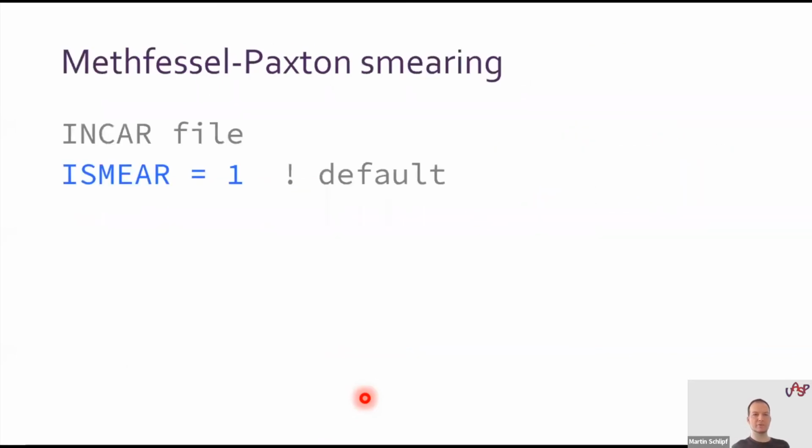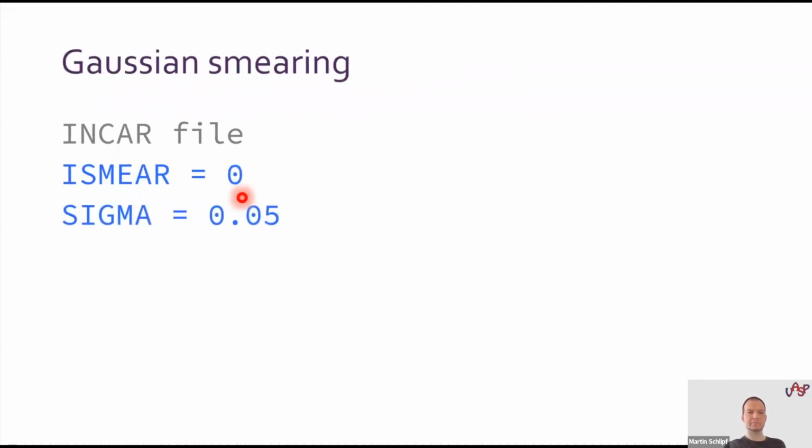Okay, let's now focus a bit on how we set this up in practice. The default in VASP is actually the Monkhorst-Pack smearing. If you don't specify anything, VASP will assume this ISMEAR flag that determines the smearing method will be set to 1. If you don't know what the system actually is, you can override this default by setting it to 0.